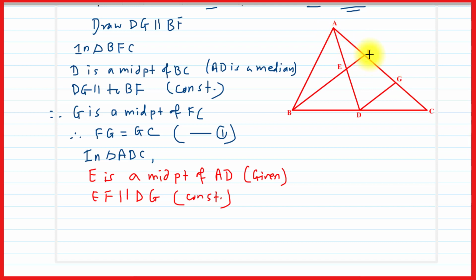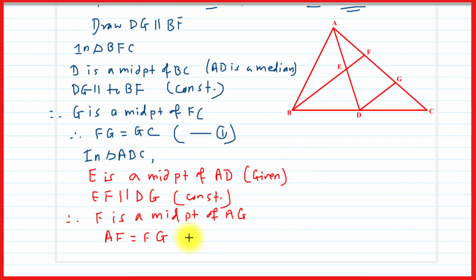Therefore F is the midpoint of AG, and therefore AF is equal to FG.